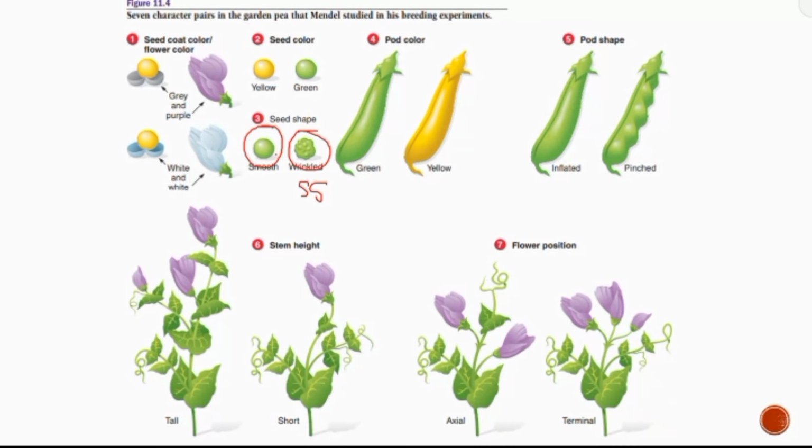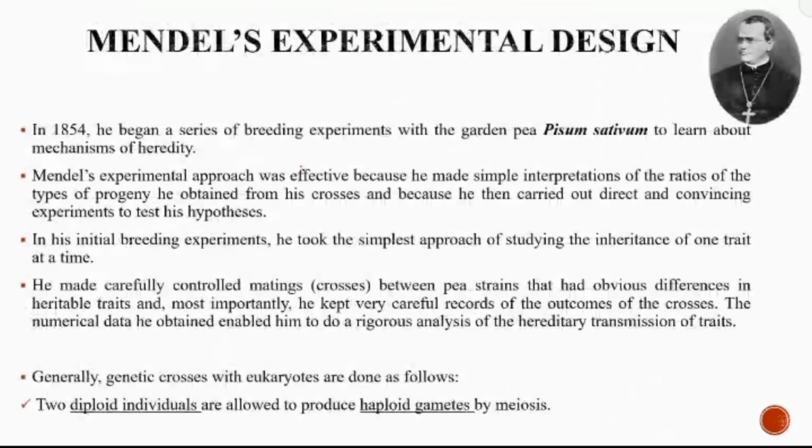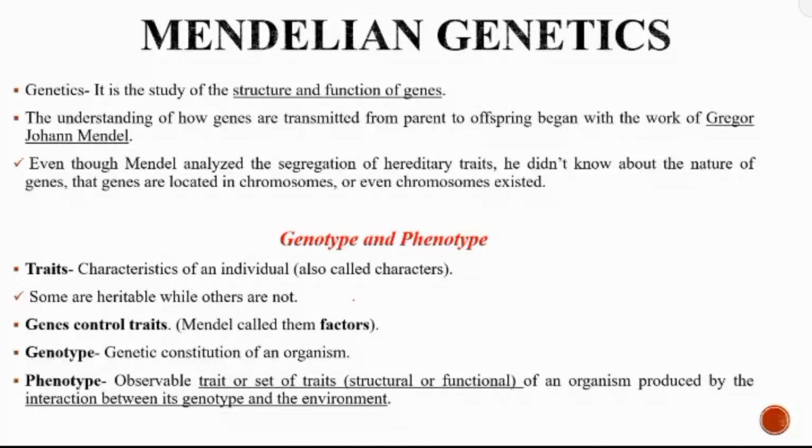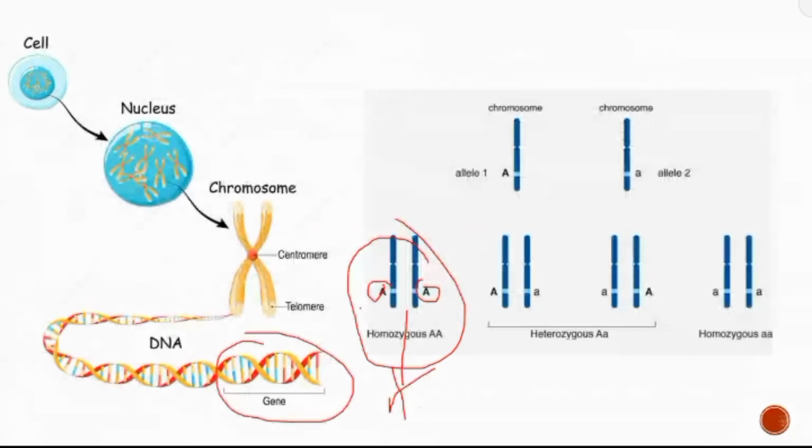Now, not only genotype will be responsible for producing a particular phenotype. It is not necessarily so that just because it has the genotype for smooth, it will for sure produce the smooth seed shape of pea seeds.